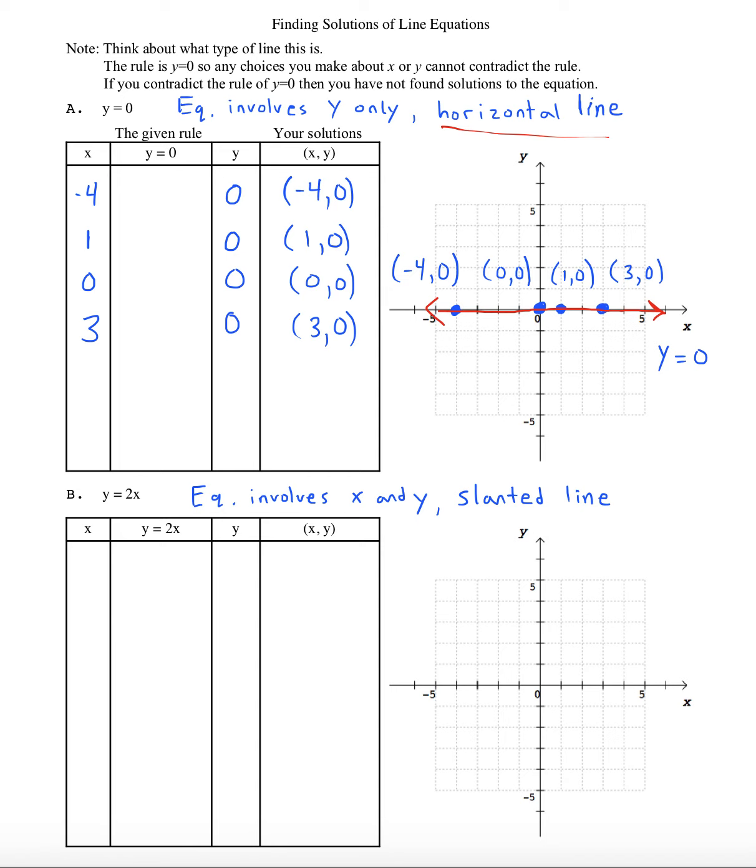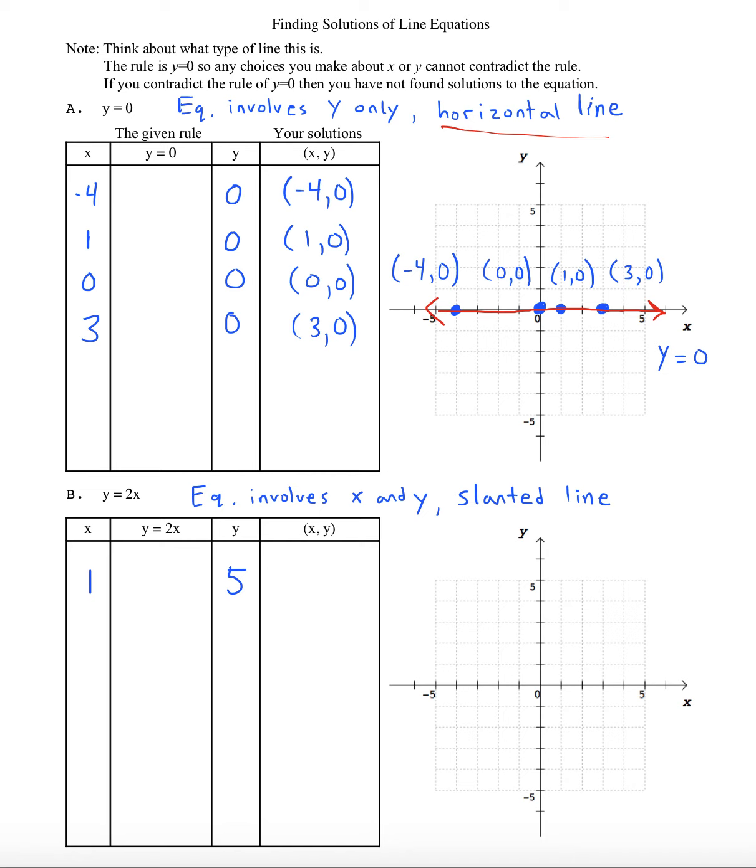But where you would be wrong is if you pick one number for x that's arbitrary and then pick some other arbitrary number for y. Chances are that those two together do not make a solution of this line equation.